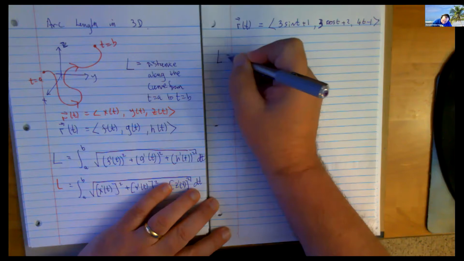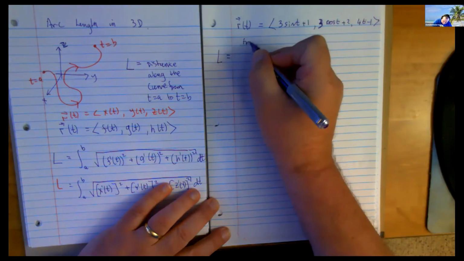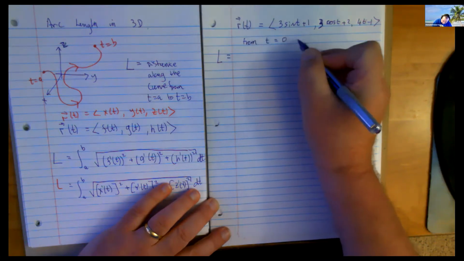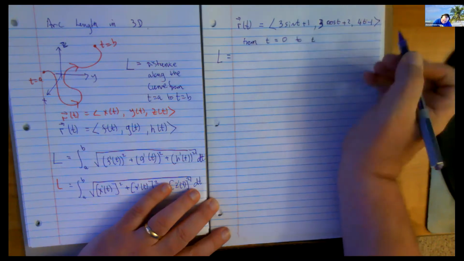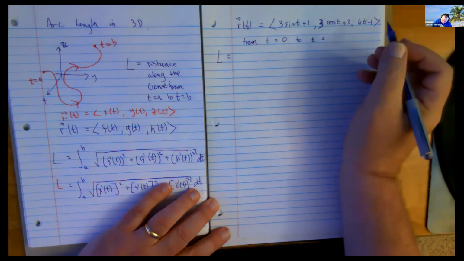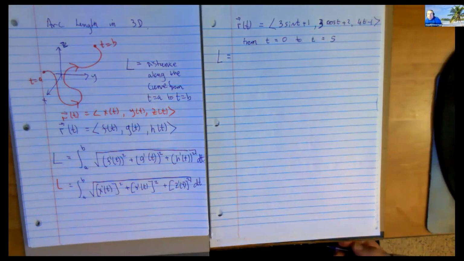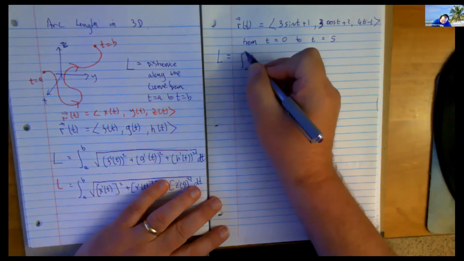Then the arc length. Oh, I want to find the arc length of this fella from t equals 0 to t equals 5. Then the arc length will be the integral from 0 to 1.